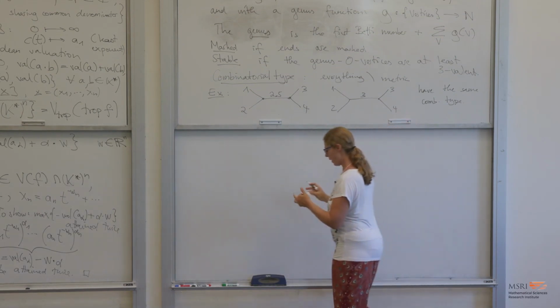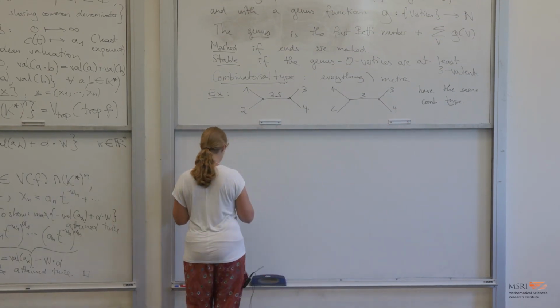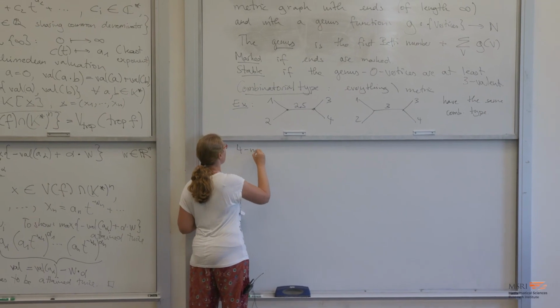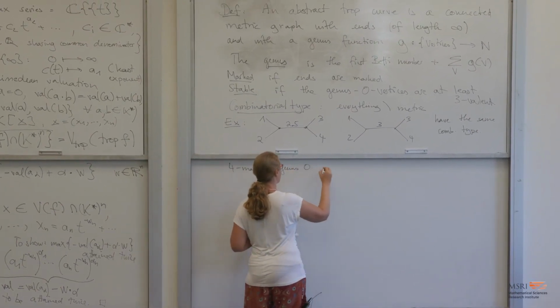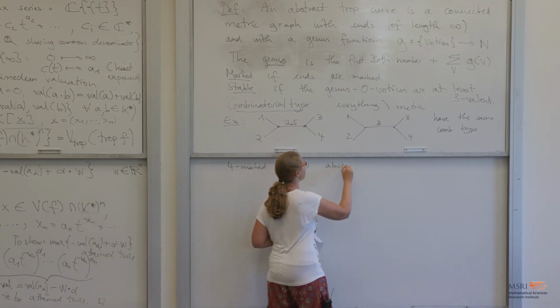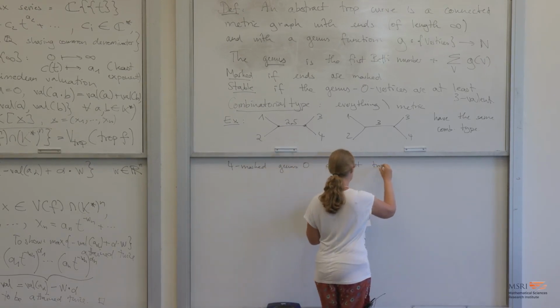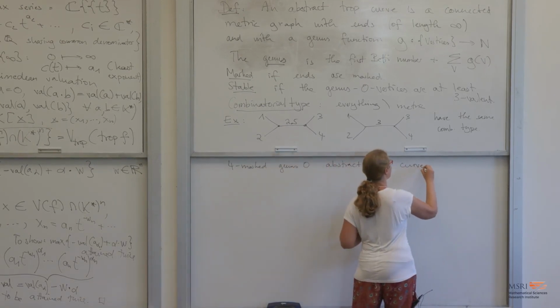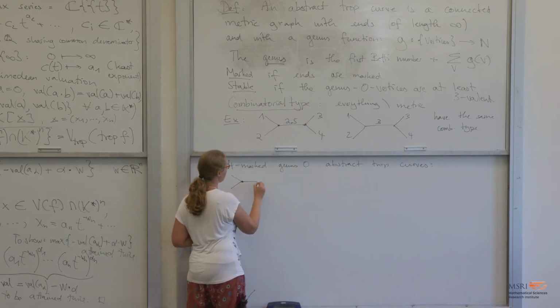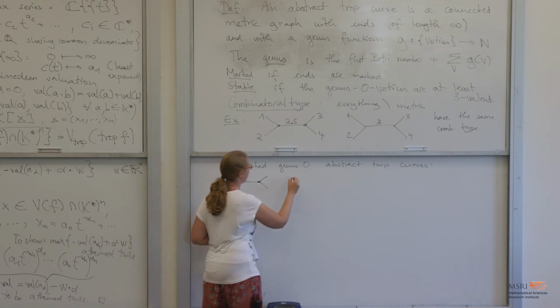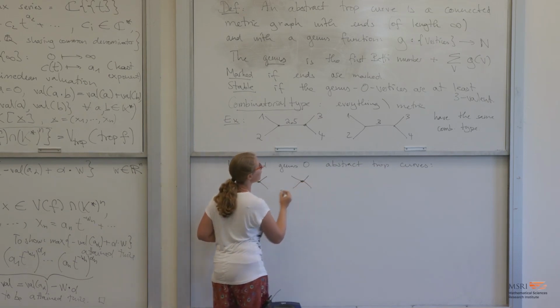Okay, and what are all combinatorial types of 4 marked genus 0 abstract tropical curves? Well, you need to be 3-valent, or higher valency is of course also possible, at least 3-valent.